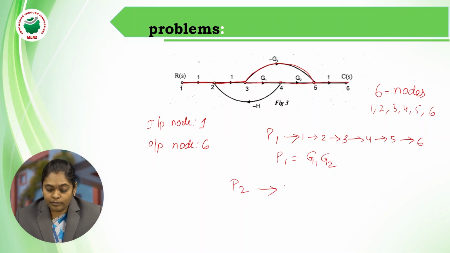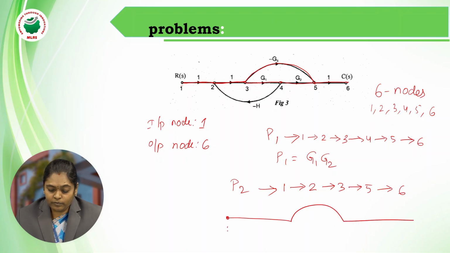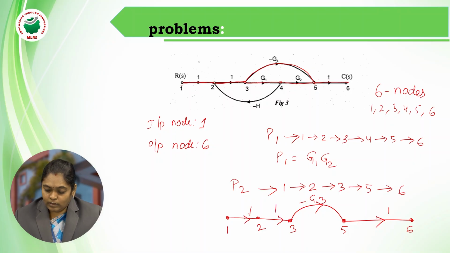The signal is moving from 1 to 2, 2 to 3, 3 to 5, 5 to 6. Between 5 and 6 the gain is 1. Between 3 and 5 it is minus G3, 1, 1. So the second forward path gain is minus G3.